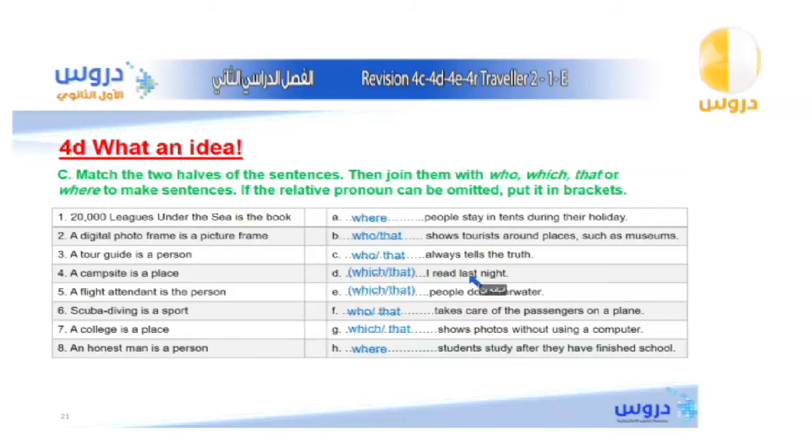Which I read last night. Which people do; underline which and that. You can use both. Who takes care of the passengers on the plane. And which shows photos without using a computer. Where students study after they have finished school.